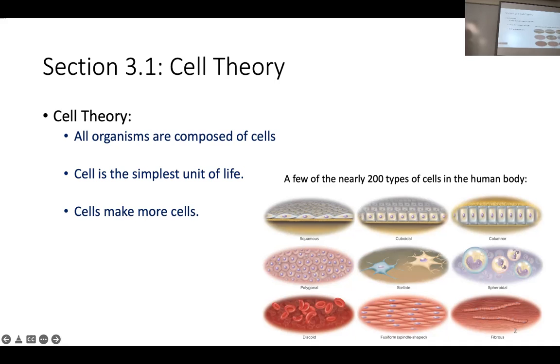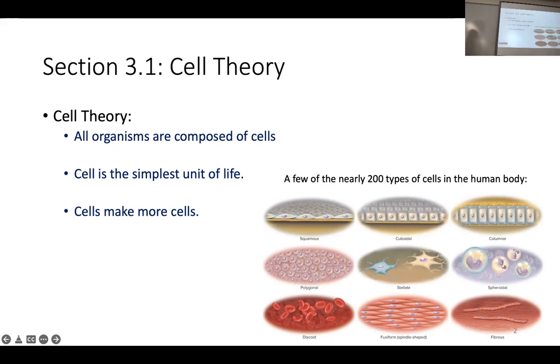Bacteria are single-celled organisms, so they're only made of one cell, but they're still alive. That makes the cell the simplest unit of life. And then the only way to get more cells is to have a cell to begin with. So cells make more cells. You don't just have a cell coming out of nowhere. So for our purposes in today's day and time, cells make more cells.